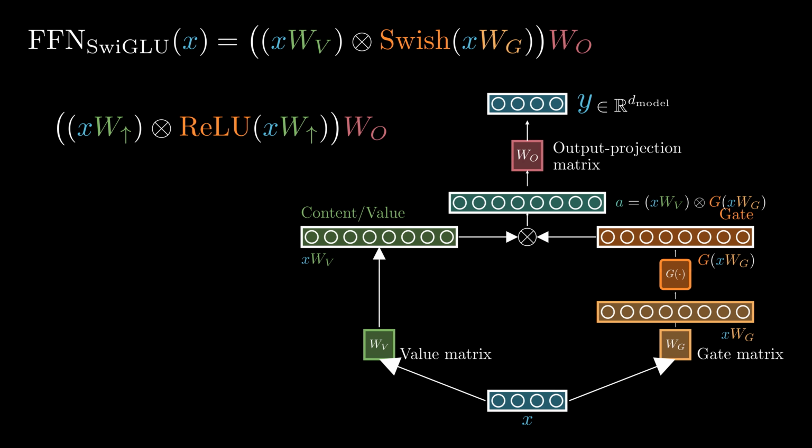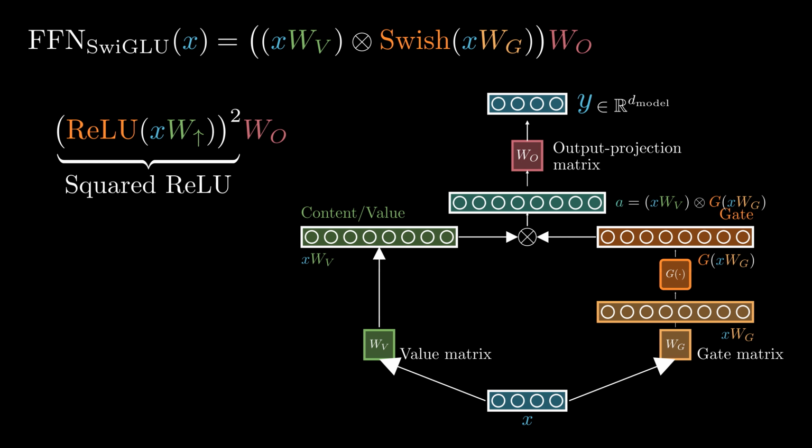When both content and gate share the same ReLU output, the element-wise multiplication reduces to squaring, giving us the squared ReLU activation. Squared ReLU captures the key benefit of GLU variants, adaptive per-dimension gating, with no extra parameters and a single simple operation.